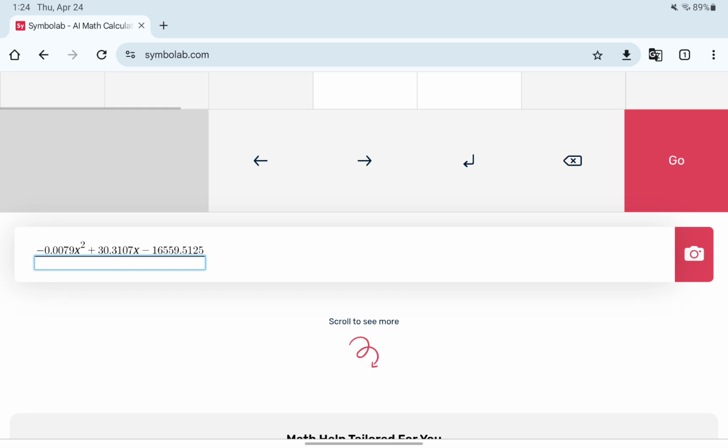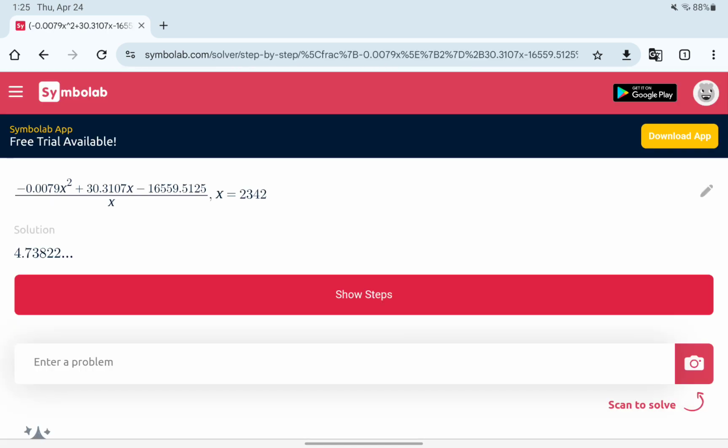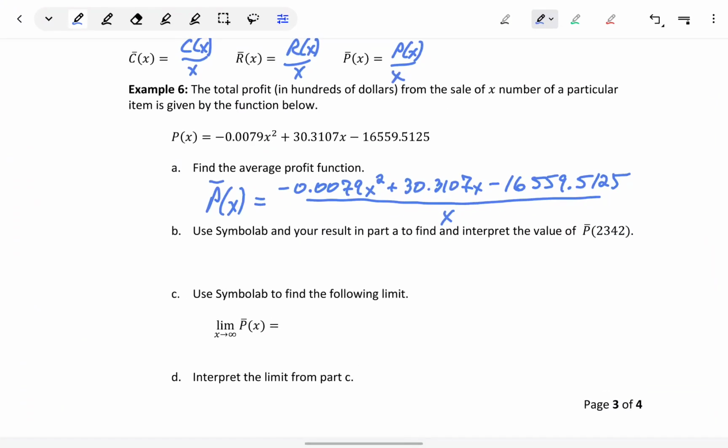And then we can navigate down using arrows or tapping to enter that x in the denominator, and then move outside of that rational function that we were entering and type 4x equals 2,342. Where again, what we're doing is evaluating that expression we've given at the specific x value, and we come up with a result of 4.738.